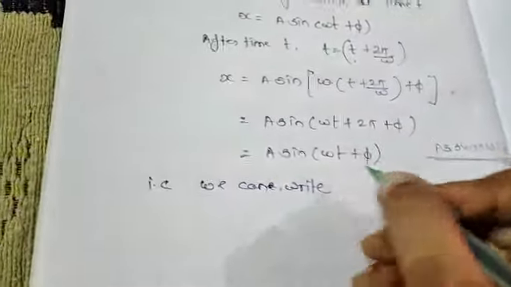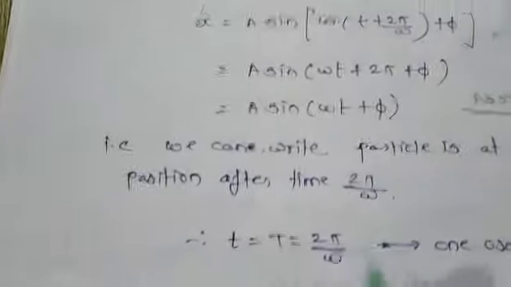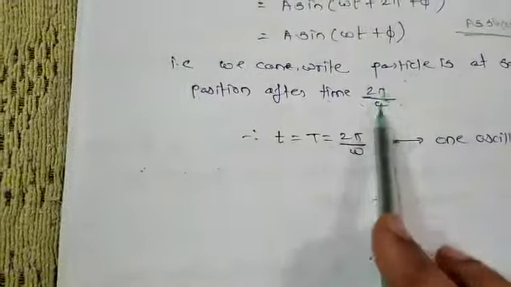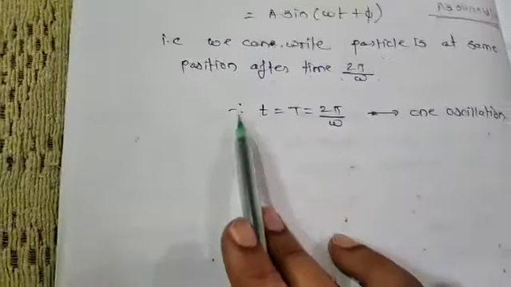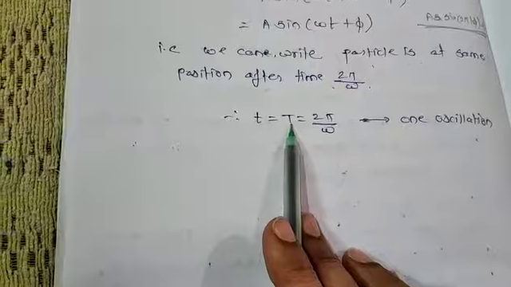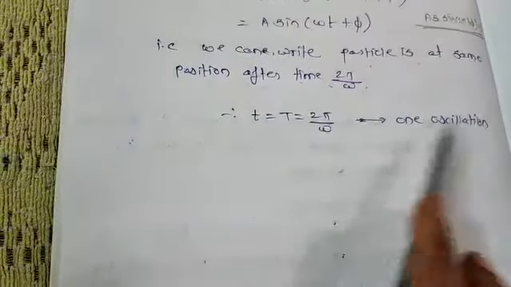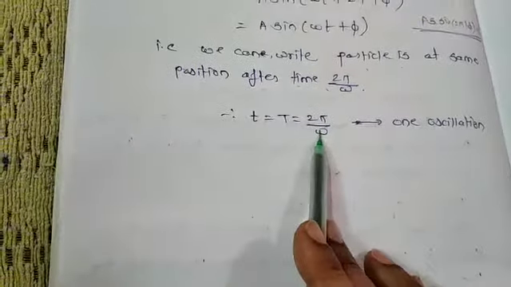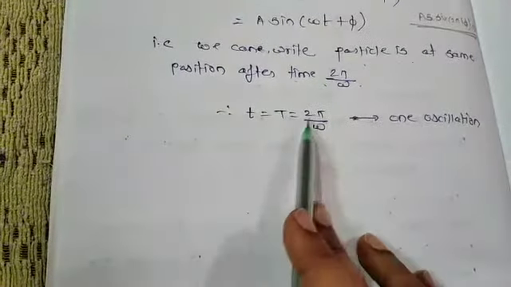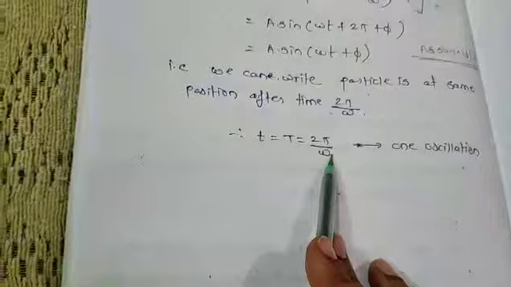So the particle is at the same position after the time 2π/ω. That is, this T in the equation is equal to the time period required to complete one oscillation, that is 2π/ω. It is the minimum time required to complete one oscillation or to return to the original position.